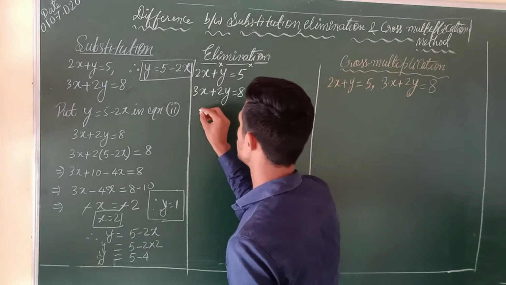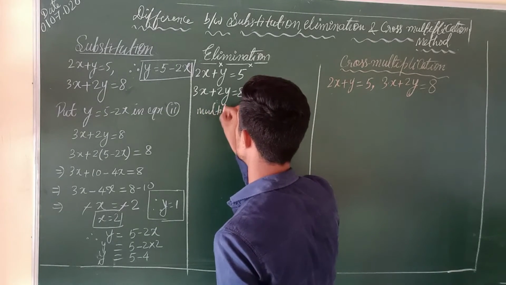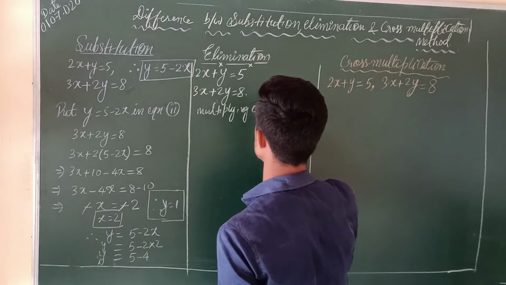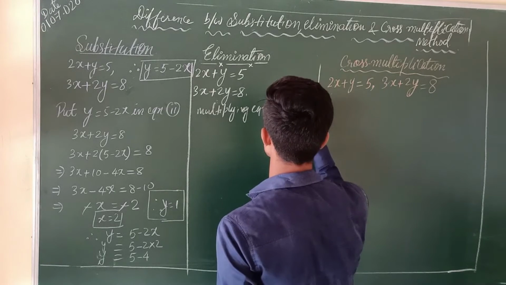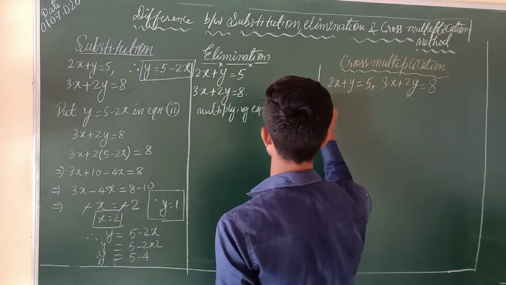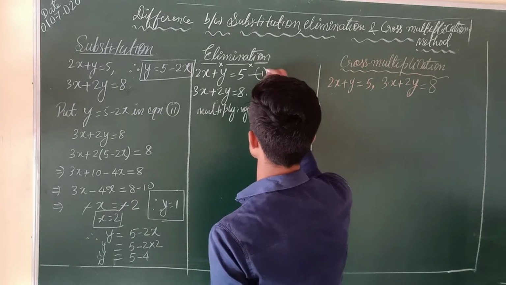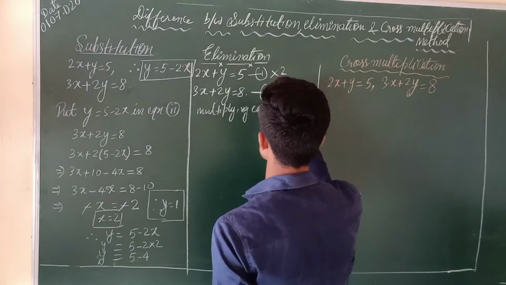So we will put here multiplying equation 1 by 2 and equation 2 by 1. Equation 1 is multiplied by 2, and equation 2 we are multiplying by 1.